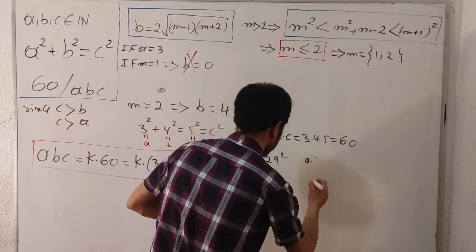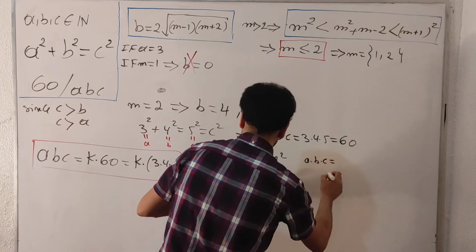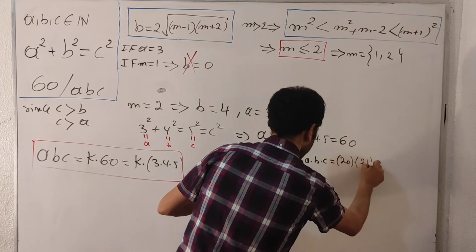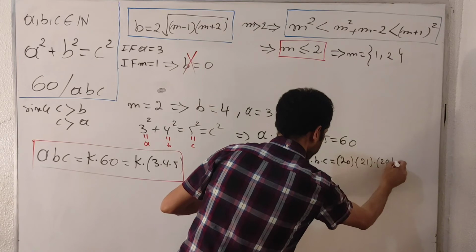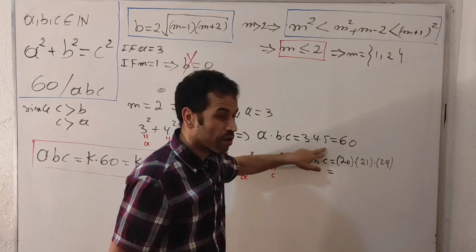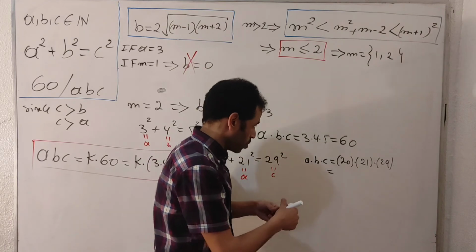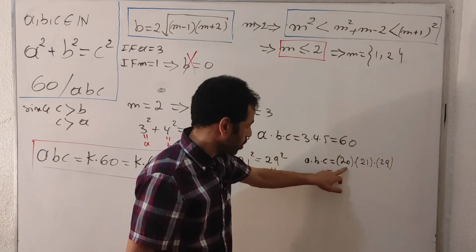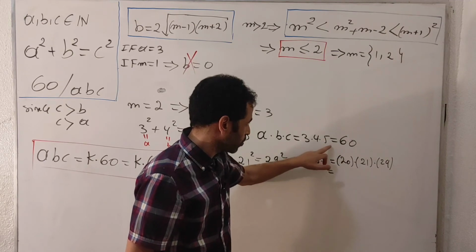A multiplied by B multiplied by C equals 20 multiplied by 21 multiplied by 29. I'm going to extract the numbers 3, 4 and 5 from here. 21 is the same as 3 multiplied by 7, and 20 is the same as 4 multiplied by 5.